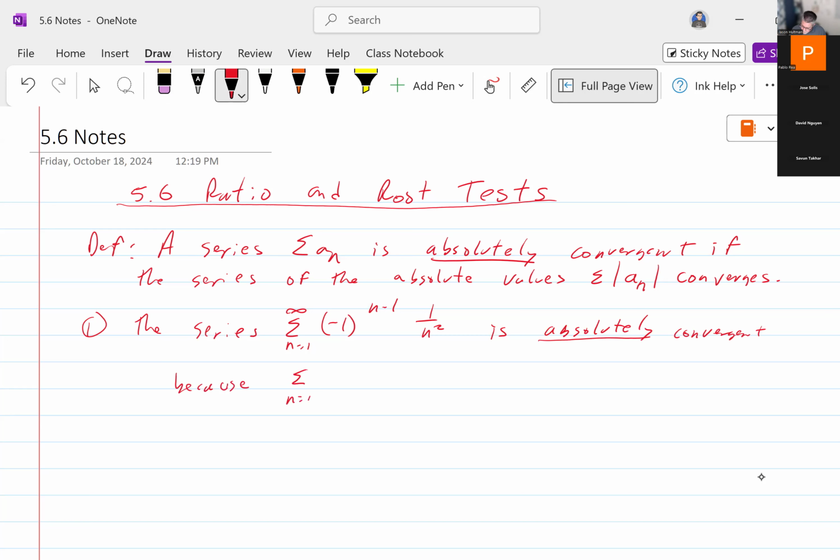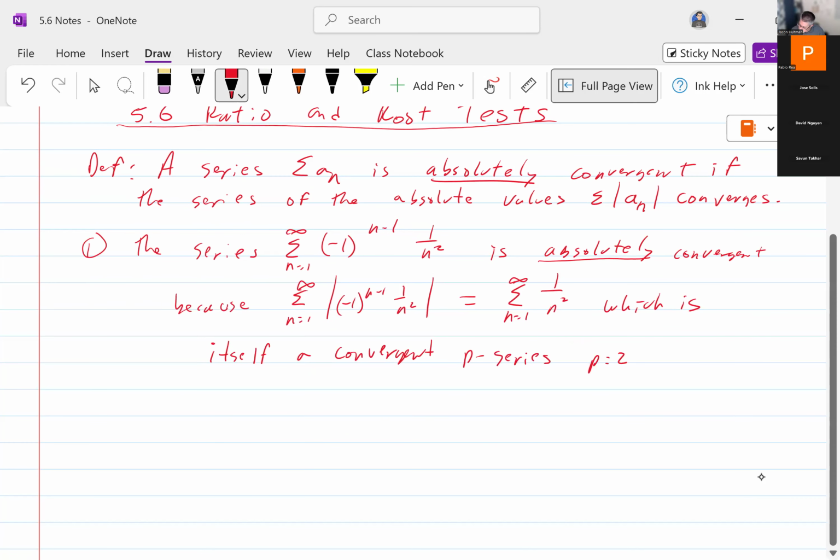The summation from n equals 1 to infinity of -1 to the n minus 1 over n squared, in absolute value, is the same as just the summation of 1 over n squared, which is itself a convergent P series with p equal to 2, which is greater than 1.